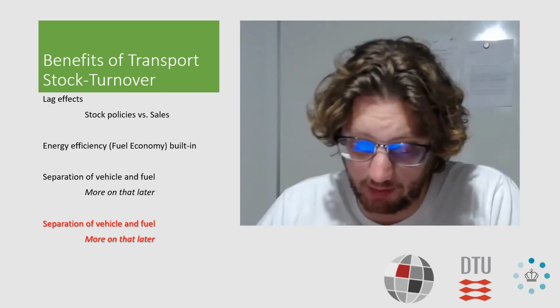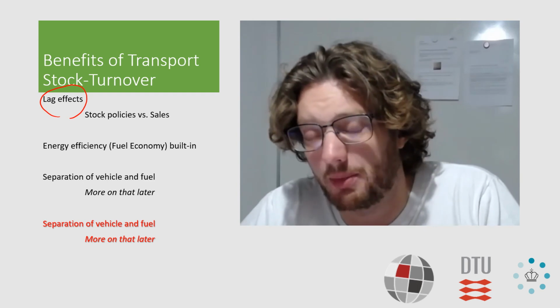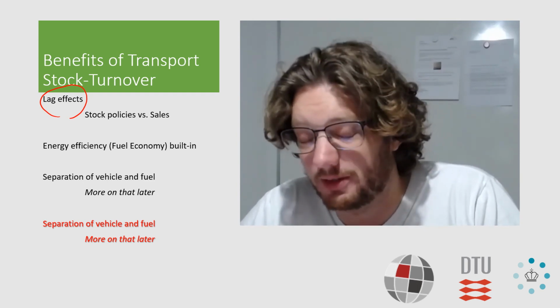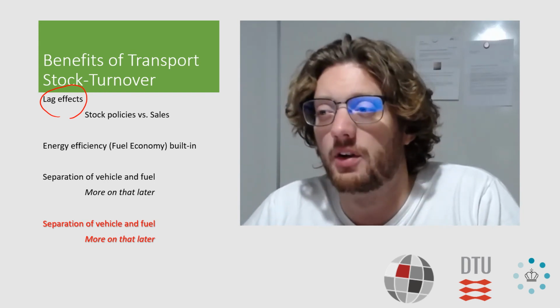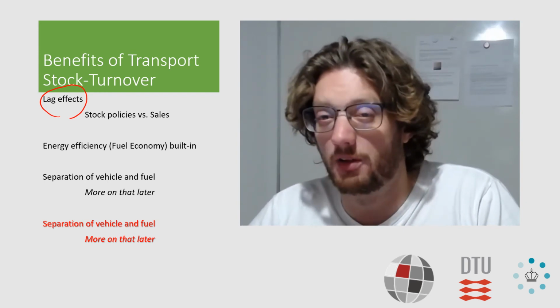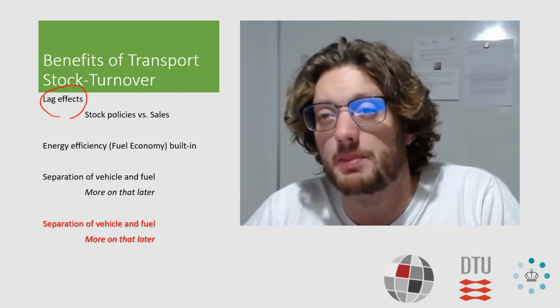The other big benefit is the lag effect that I talked about before. There are a lot of countries and a lot of areas that have goal setting right now for either hydrogen vehicles or BEV, battery electric vehicles, and those are usually based on stock.